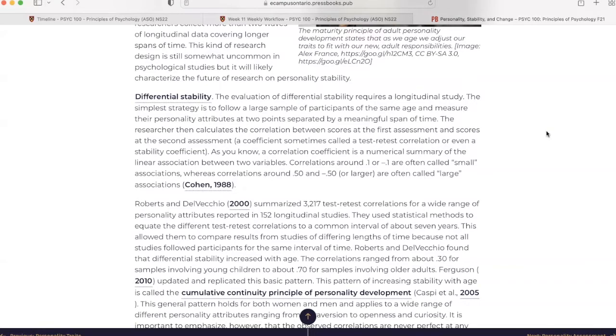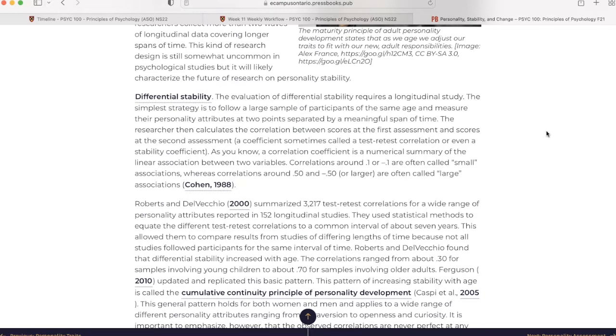As you know, a correlation coefficient is a numerical summary of the linear association between two variables. Correlations around 0.1 or negative 0.1 are often called small associations, whereas correlations around 0.50 and negative 0.50 or larger are often called large associations.